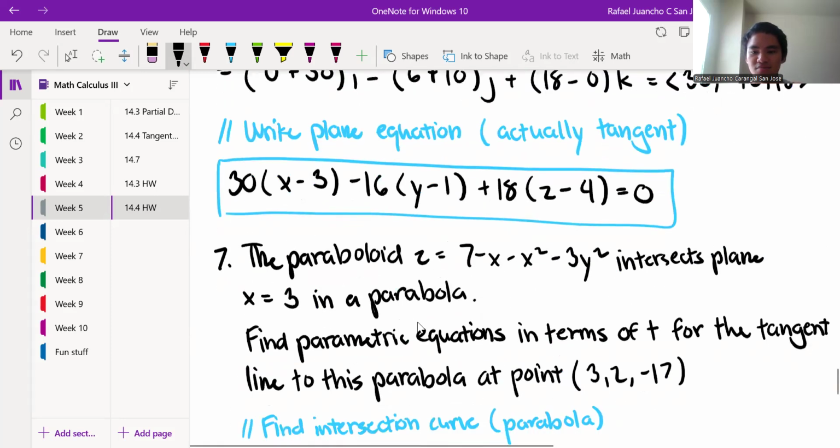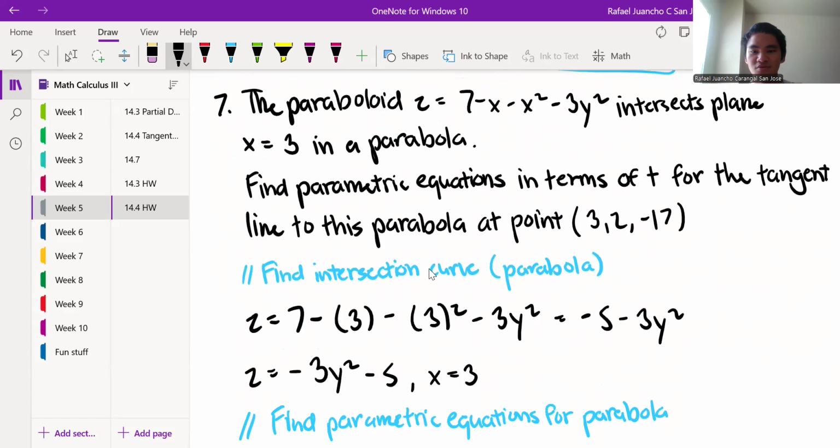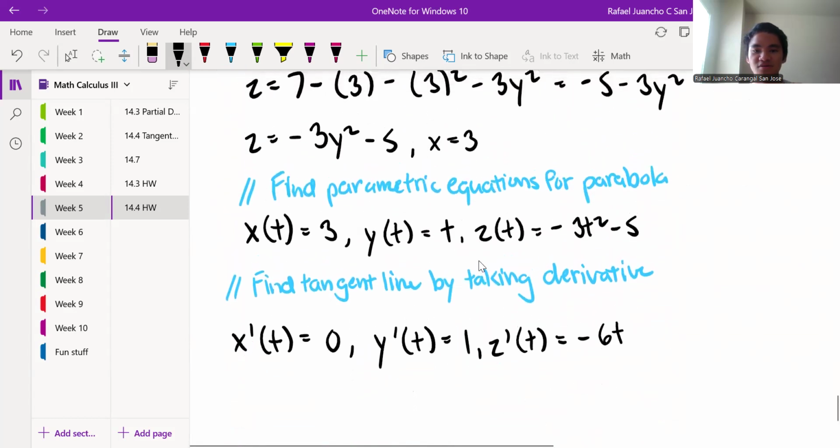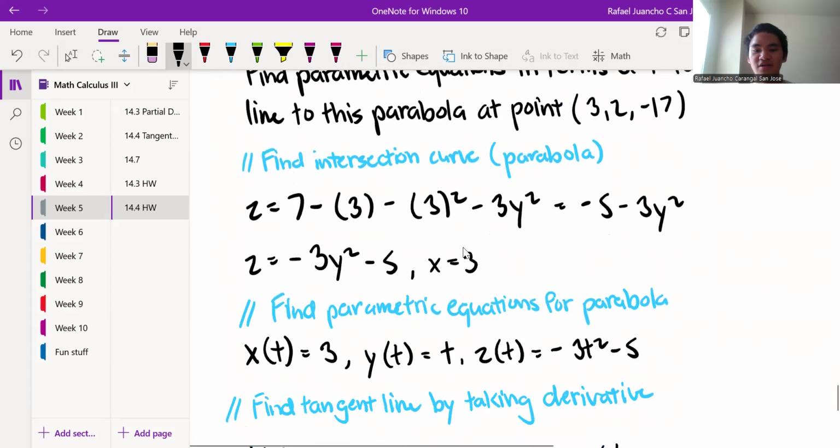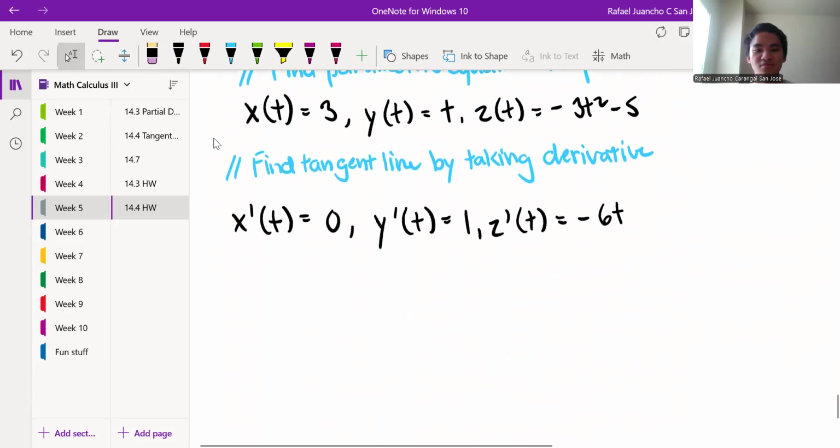That's it. And then now I want to plug in my point. Oh shoot, we totally forgot to do that. Where does it intersect 3, 2, negative 17? At what t?